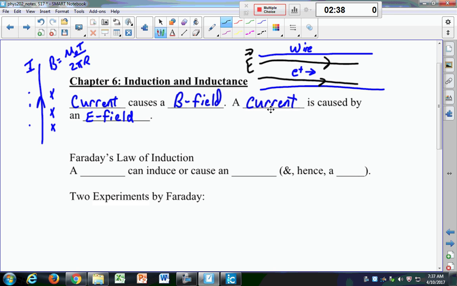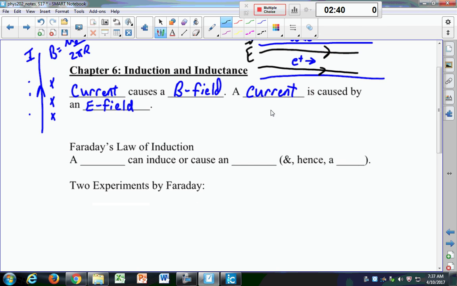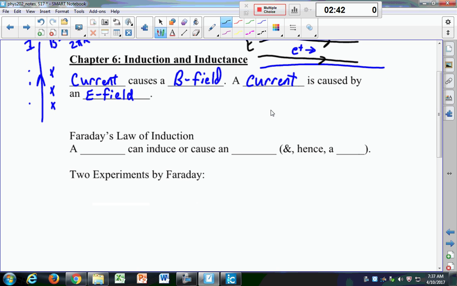And so Faraday came up with this law of induction, and he showed experimentally that it could work, is that a magnetic field can induce or cause an electric field, and hence a current. Now we've already talked about this, so this shouldn't be dramatic to you, right?